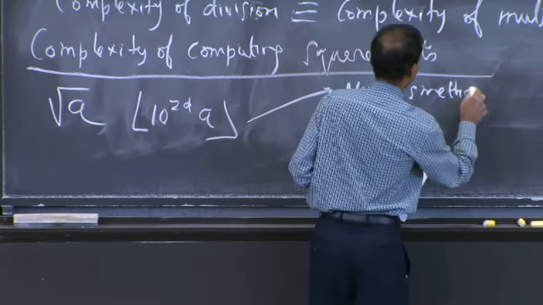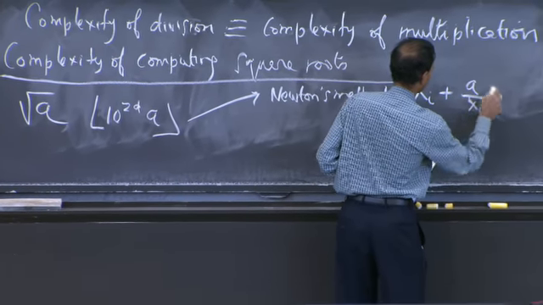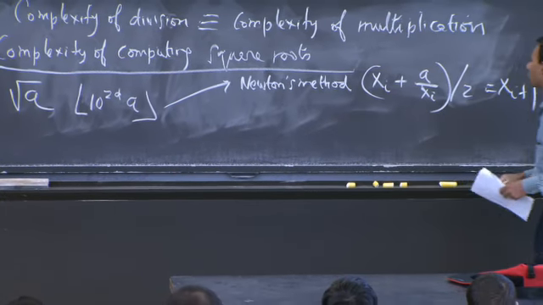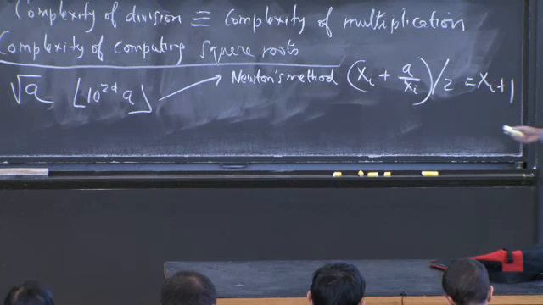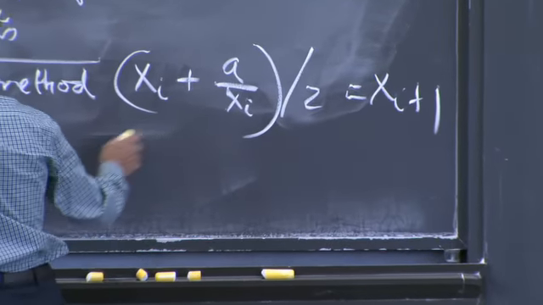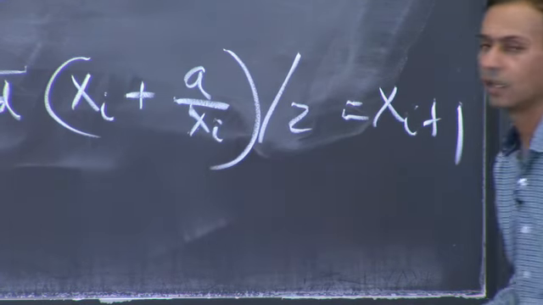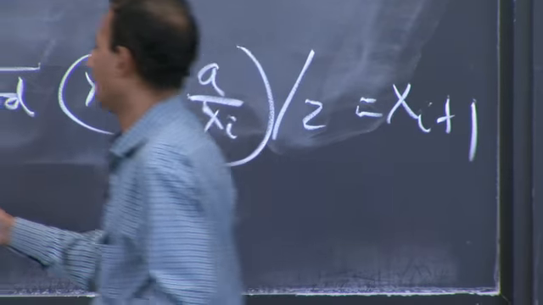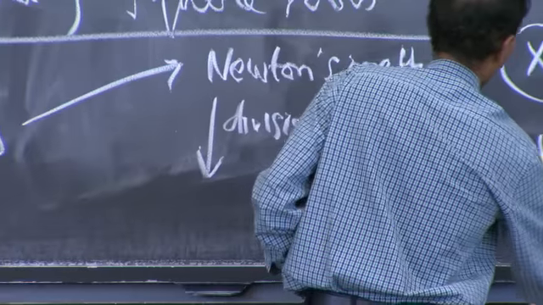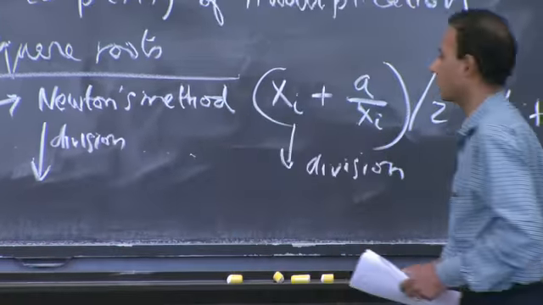And the iteration here with respect to Newton's method is something like x_{i+1} equals x_i plus a divided by x_i. Every time you do that for a particular x_i, you're going to end up having to call a division. So you're going to call a division here, and then a division here. For each iteration, you have to call a division.